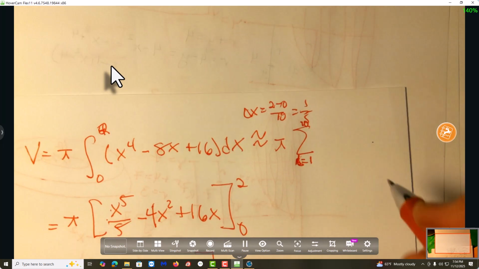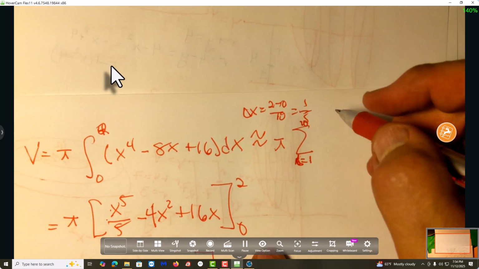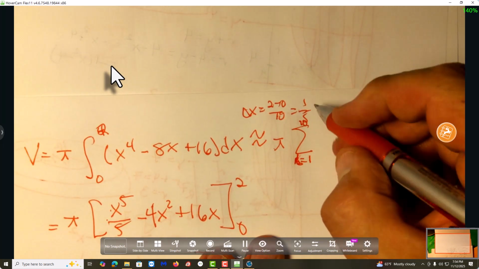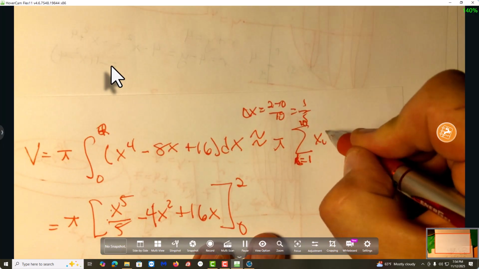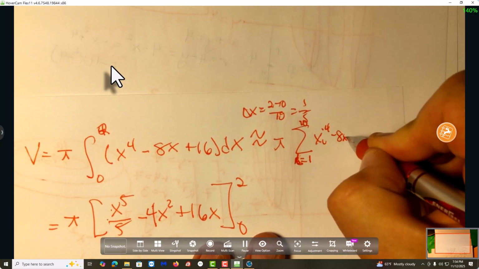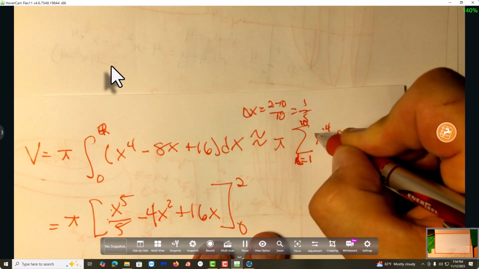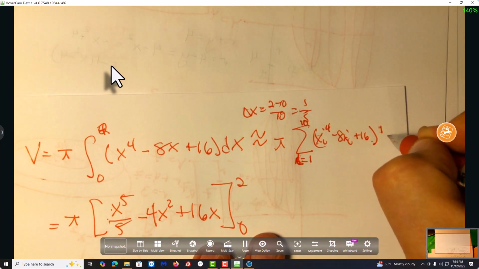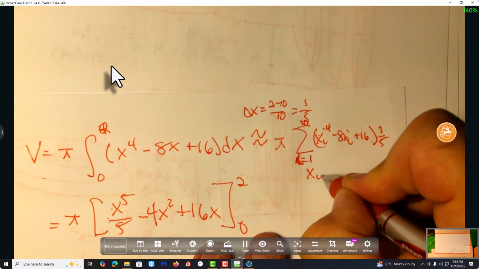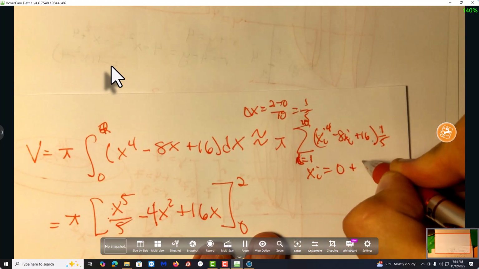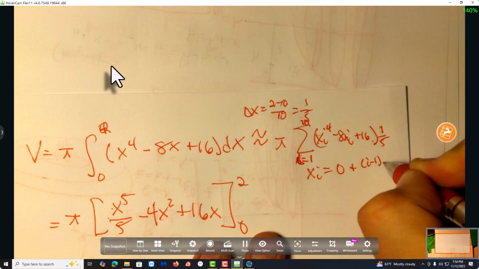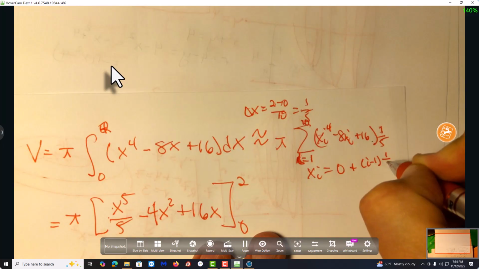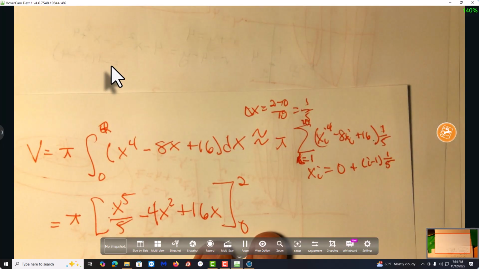Now, this is going to be x sub i to the 4th minus 8 x sub i plus 16, all times 1/5. And x sub i is going to be 0 plus, since it was a left endpoint method, i minus 1 times 1/5.